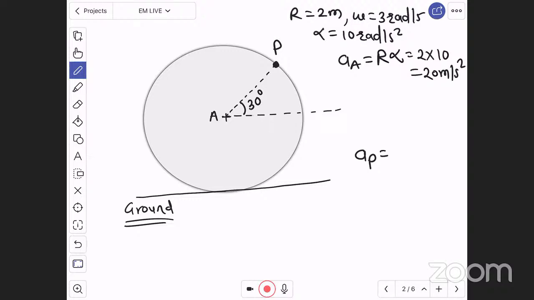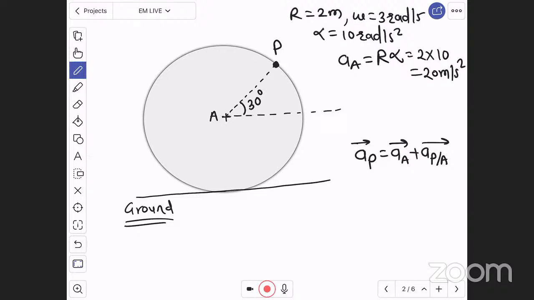for any point on the wheel, you can consider infinite points, the acceleration is nothing but the acceleration of the center point plus the acceleration of that point with respect to the center point.